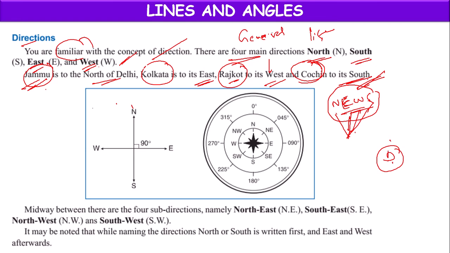Jammu is in the north direction of Delhi. Kolkata is towards the east direction, Rajkot is in the west direction, and Cochin is in the south direction. Like that, we can identify places based on direction.